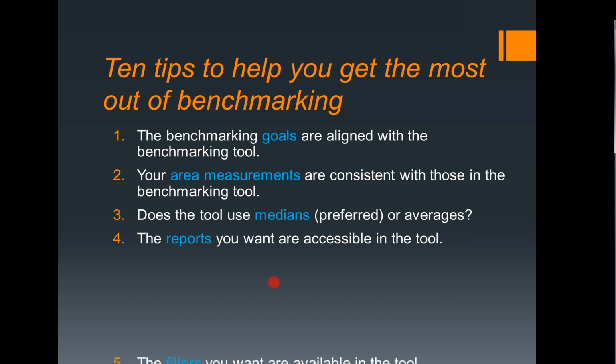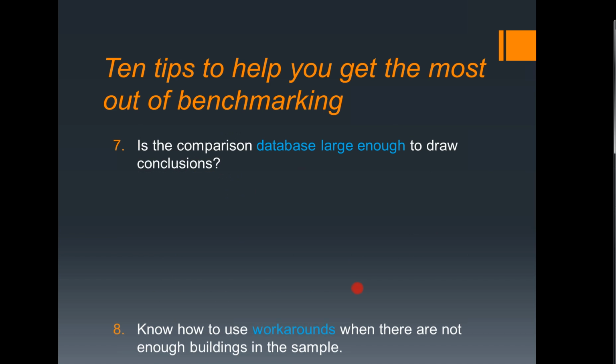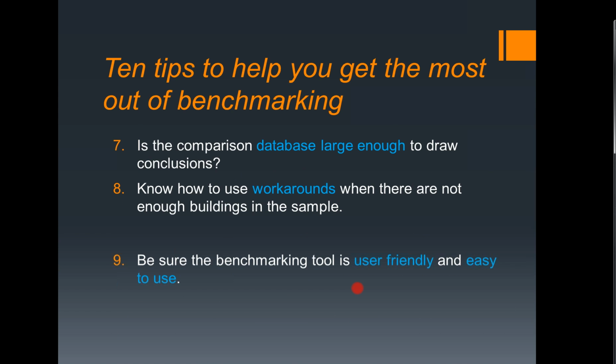You might need to make sure the reports you want are in the tool and the filters you want are in the tool. And is the data valid? Some systems have error checking, and when was it captured? You know, Keith said before the data you saw was from 2013. What if it were from 2012? It could look quite different. Do you want to rely on that?